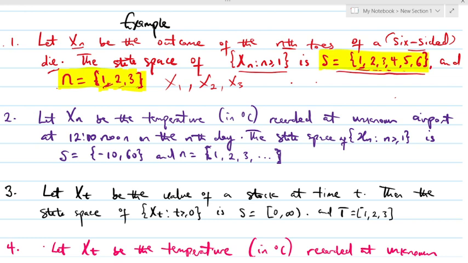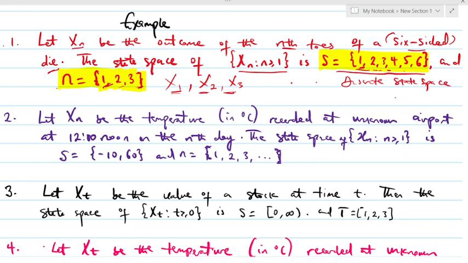So for this state space we have a discrete state space, as I mentioned earlier, and the number of times we perform the experiment is 3. That is, we want to check X1, X2, X3.